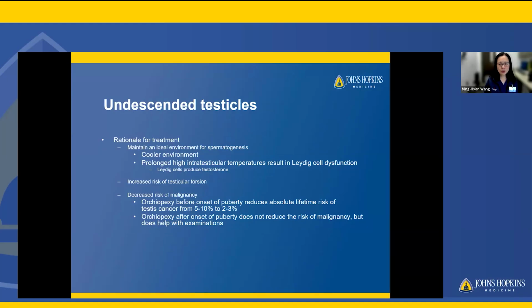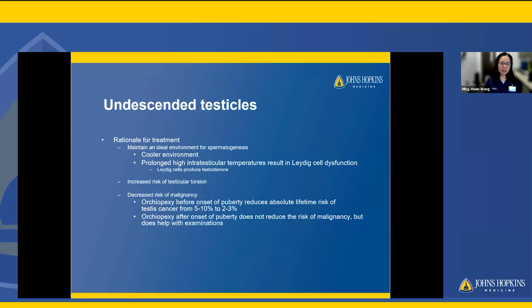Testicles just don't develop well if they stay in the abdomen or inside the body. So definitely, the conversation about having the testicle in the scrotum, placed in the cooler environment, will help in terms of development long term.